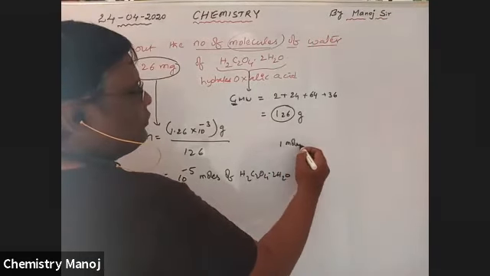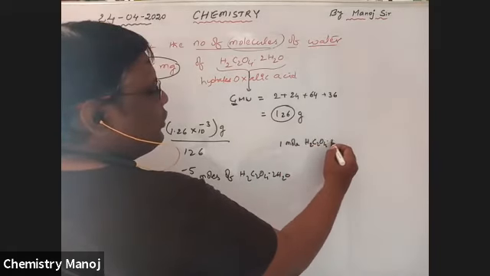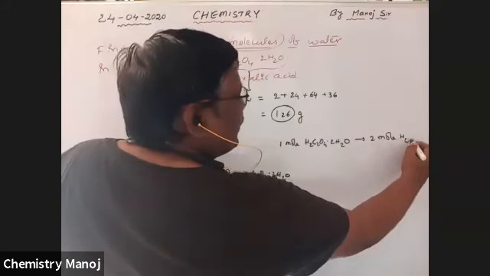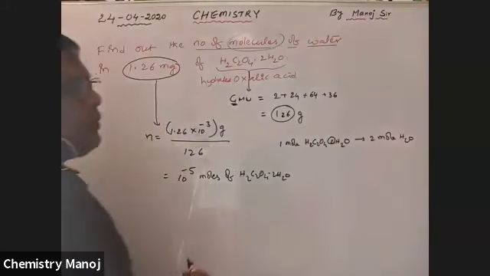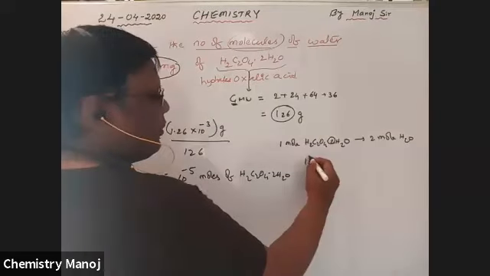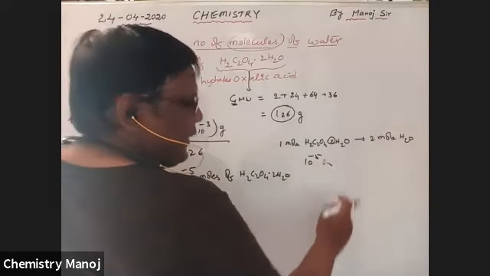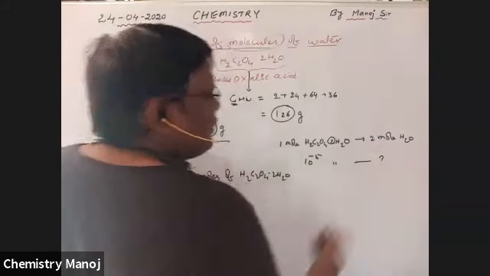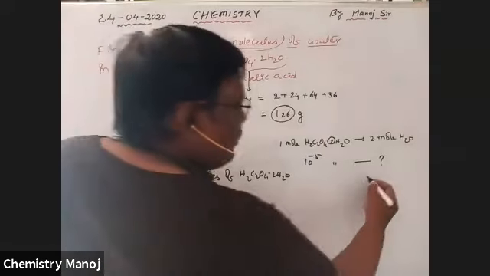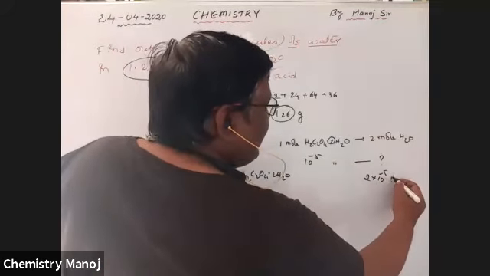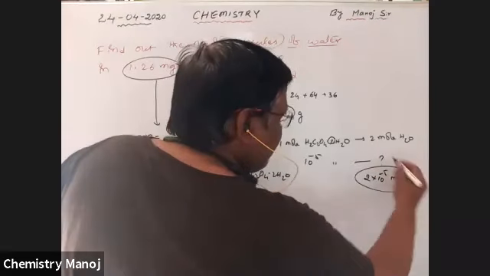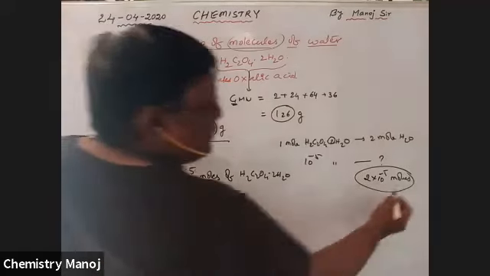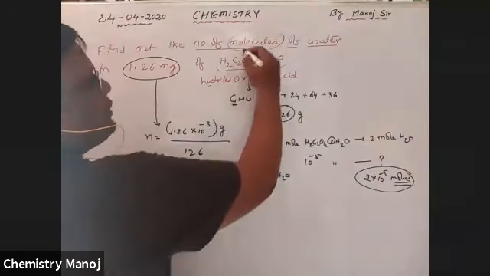Now, 1 mole H2C2O4·2H2O contains 2 moles H2O. This 10 power minus 5 moles contains how many moles of water? That is 2 into 10 power minus 5 moles. But he doesn't ask for moles, he asked for molecules.